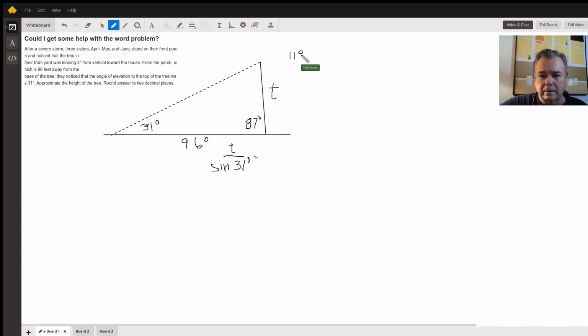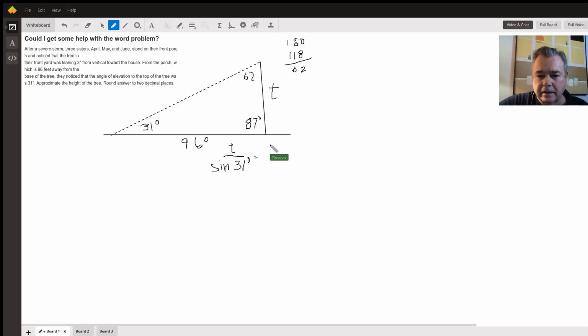And we'll subtract that from 180. Now that gives us 62 degrees. So with that information, we can complete our equation.